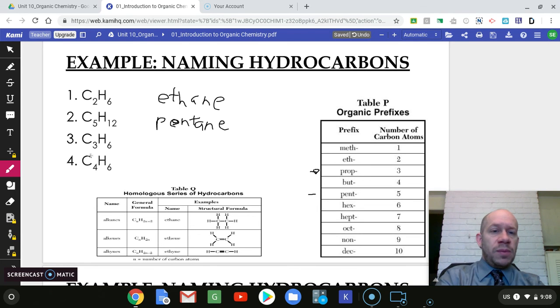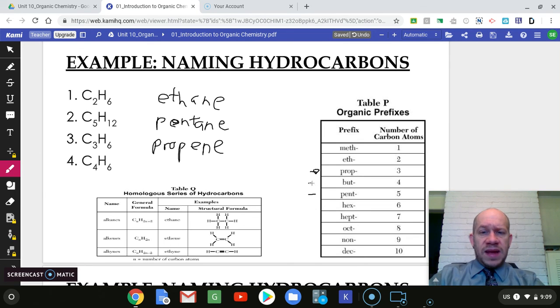Yes, 6 is double 3. So this is a propene. 4 carbons means it has the prefix but. So this is but. Is 6 double 4? No. Is 6 more than double? No. Is 6 less than double? Yes. This is a butyne.